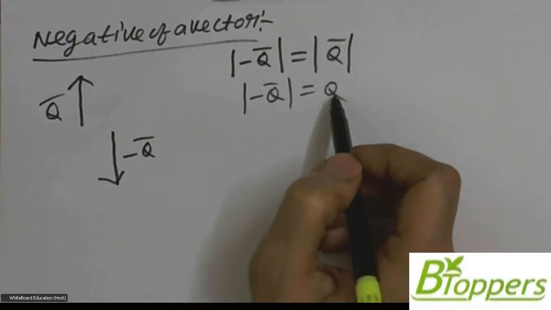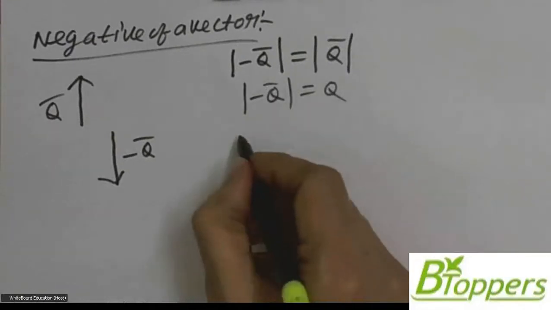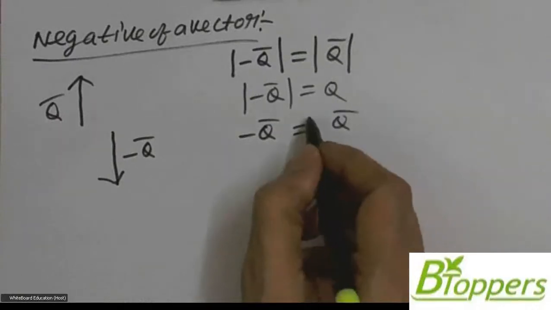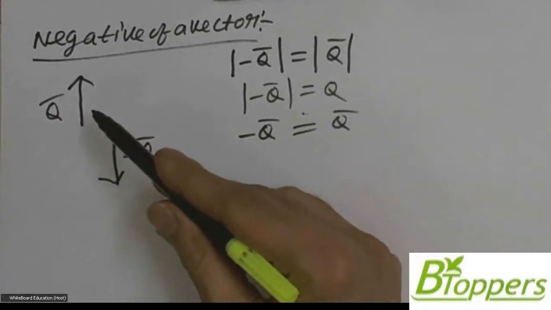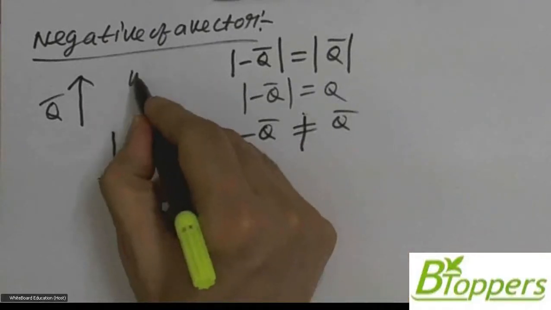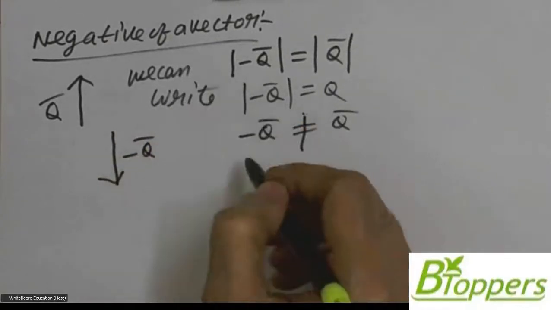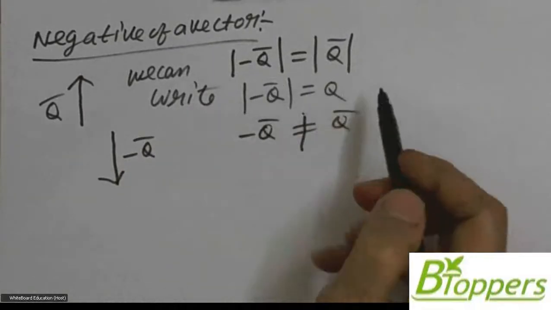Remember that the modulus of any vector cannot be negative. But you cannot write minus q bar equal to q bar, because the direction of vector minus q bar is not the same as the direction of vector q bar. So you can write vector minus q bar is not equal to q bar, but modulus of minus q bar equals q.